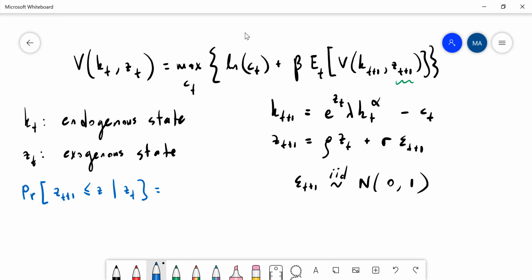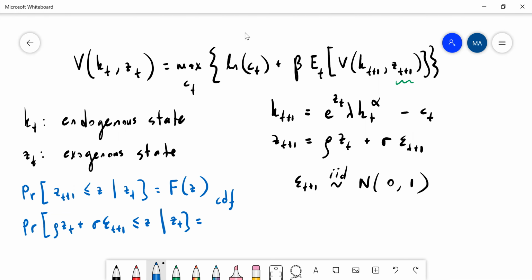So this is basically the CDF, the cumulative distribution function. Since this probability will be conditional on ZT, you can write this as: rho ZT plus sigma epsilon T plus 1 less than Z conditional on ZT.